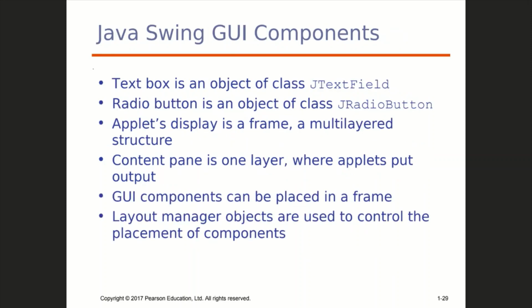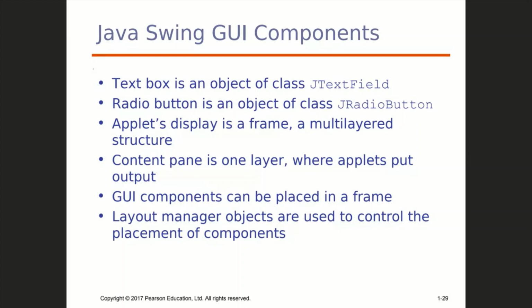So GUI components. What are the graphical user interface components? Java Swing GUI components: a text box is an object of the class JTextField, and a radio button is an object of the class JRadioButton. Applet, maybe you remember in Java 2 you studied JFrames.